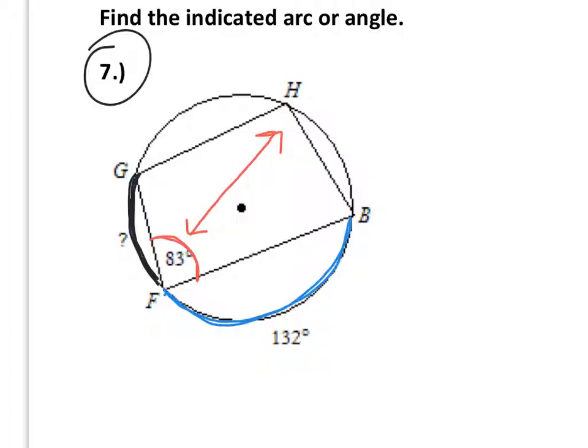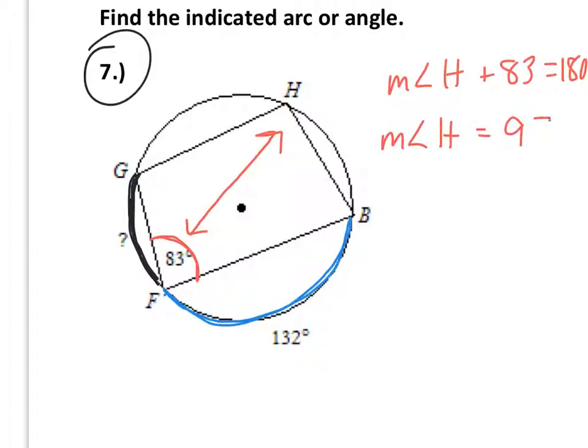So we can figure out what h is by doing measure of angle h plus 83 equals 180. Subtract 83 from both sides and we get that the measure of angle h equals 97 degrees.